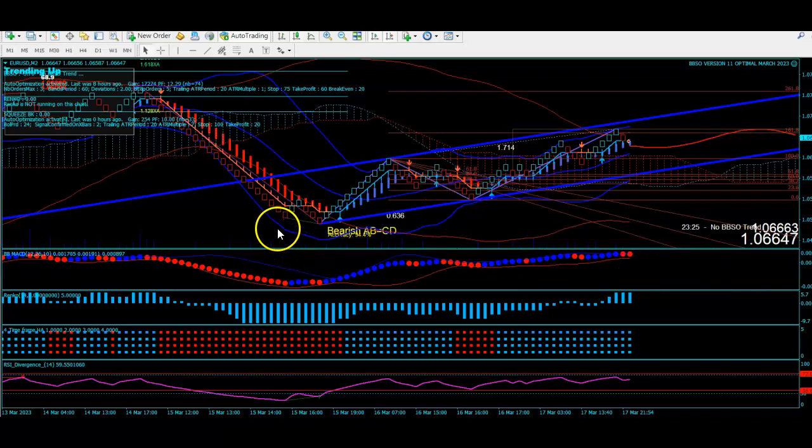Okay, but you can see with the BBSO that we're still in an upward trend. So BBSO won't get all this fluff. BBSO will continue merrily up here until it gets here, and then we get an exit trade. That's it, and it's shorting again here. You can see this is a short that's been done.